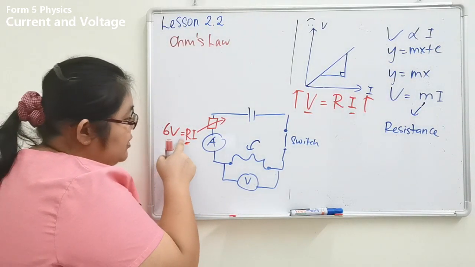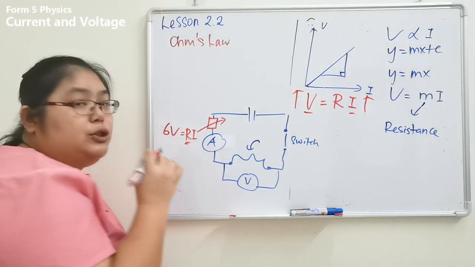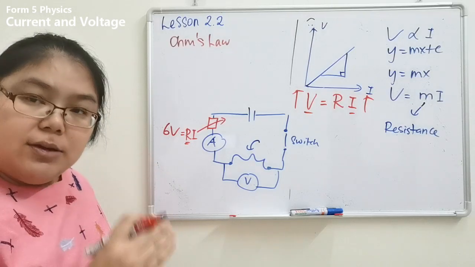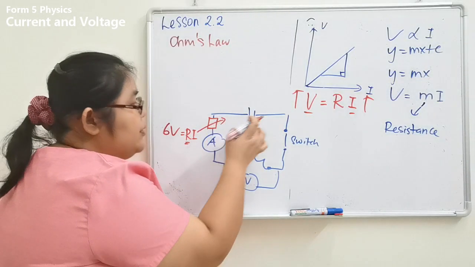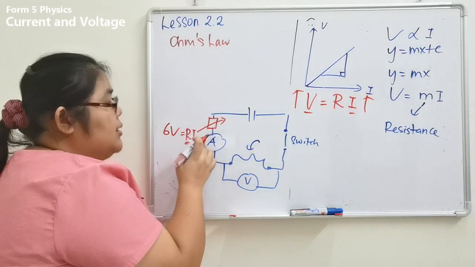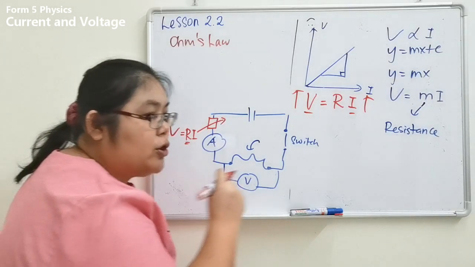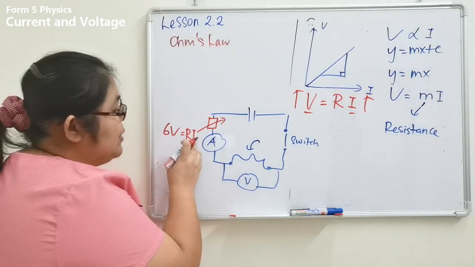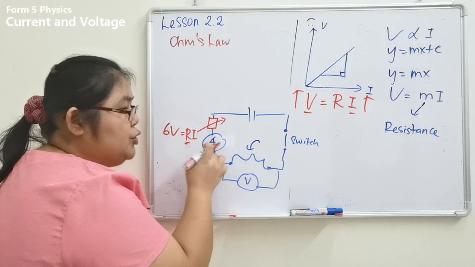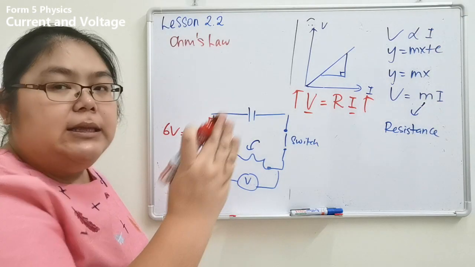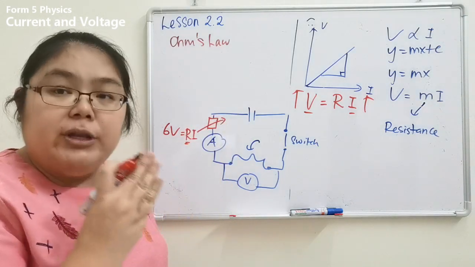When I adjust this R, this I should change. So when I adjust it, I make it shorter or longer, that means the current shown on the ammeter, the needle, should be deflected at different readings.